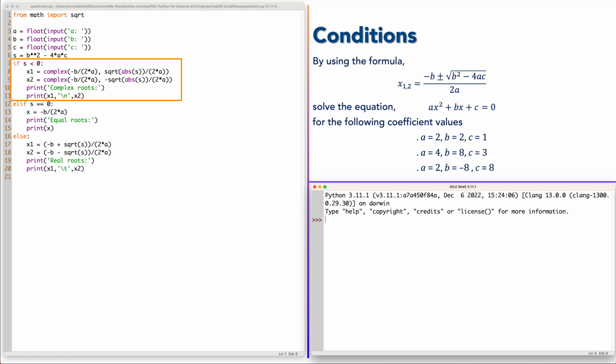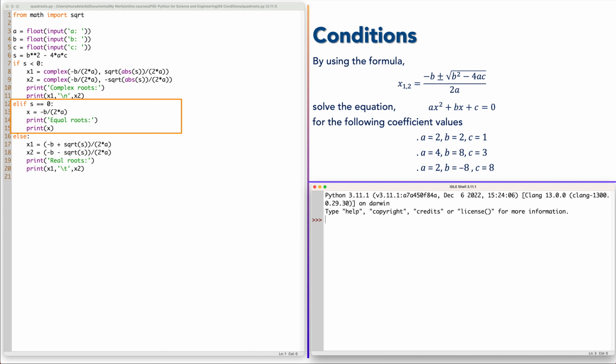For that reason, I make the calculation of x1 and x2 as complex values by using the complex function. It is the complex conversion function, which we studied before. And then after calculating x1 and x2, we print the values of x1 and x2.